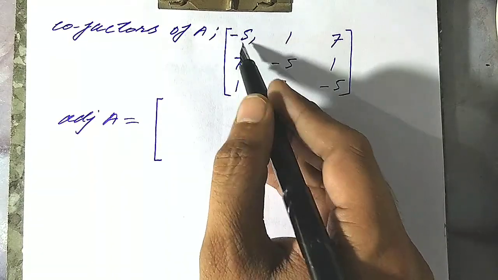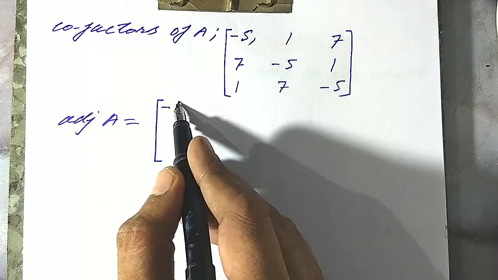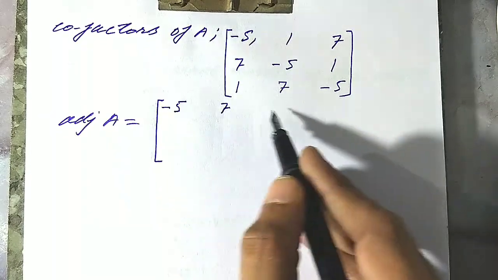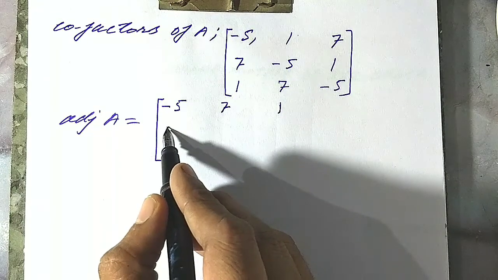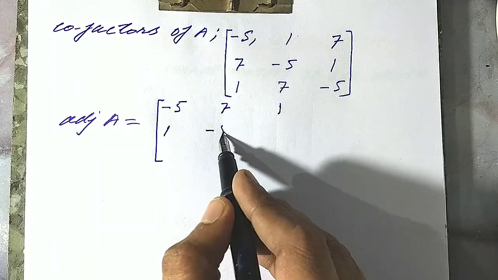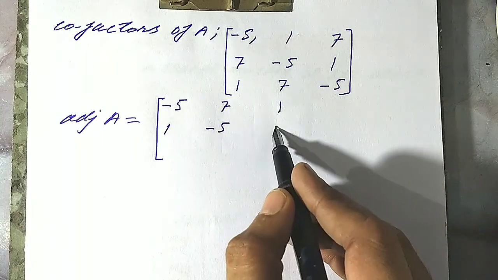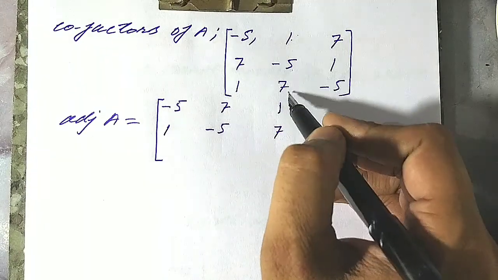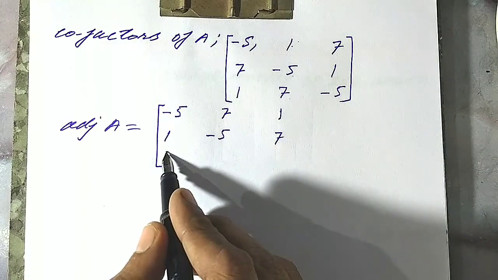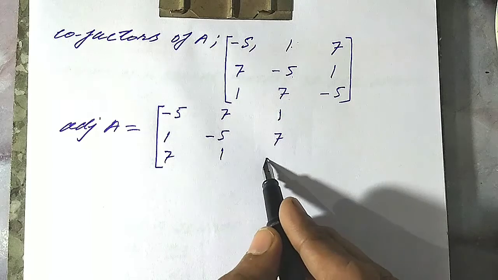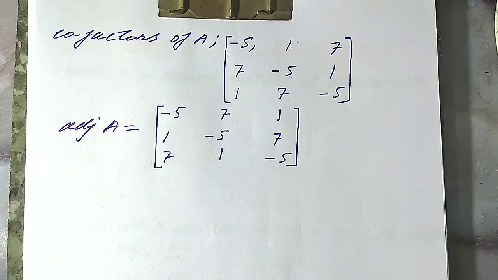Here first column is minus 5, 7, 1, so we make it first row: minus 5, 7, 1. Second column becomes second row, so we have 1, minus 5 and 7, sorry. Now the third column becomes third row, so 7, 1, minus 5. So here we get adjoint of A.